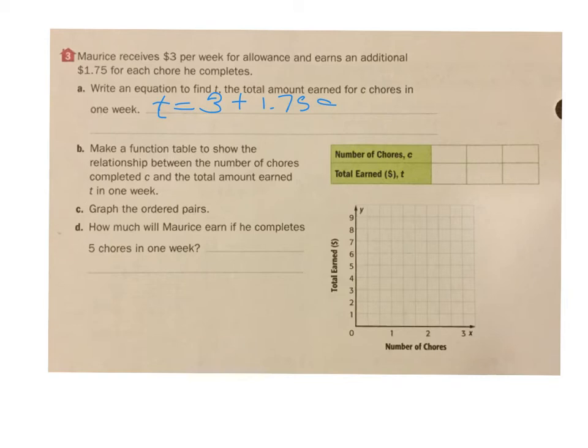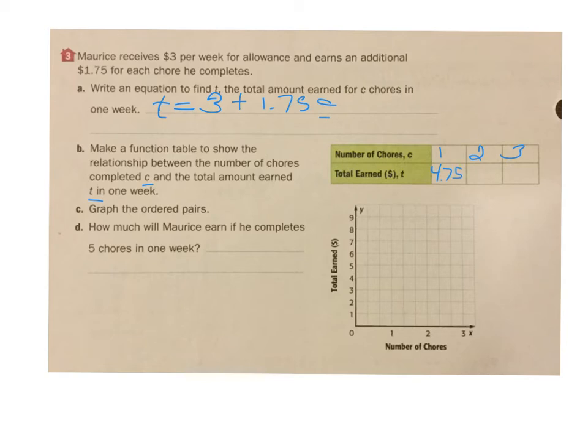Okay. Make a function table to show the relationship between the number of chores, C, and how much he earns in a week. So C is your independent variable, so we can just pick whatever we want. I'm going to do 1, 2, 3. All right, so if I do 1, it's going to be 1.75 times 1, and then I'm going to add the 3 to it, and it's going to get me 4.75.